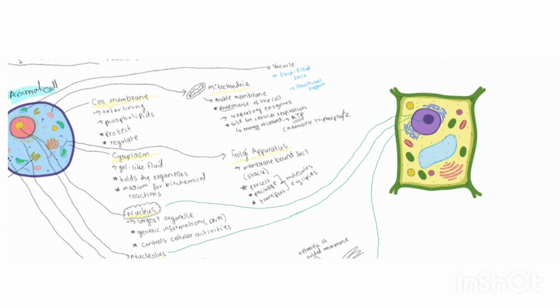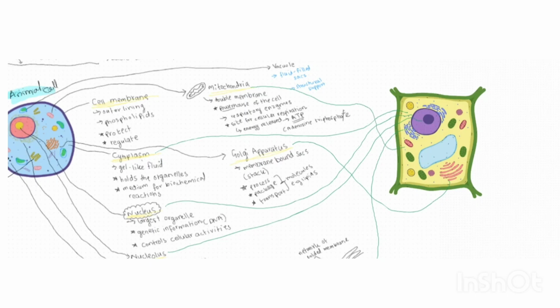Then we have the Golgi apparatus, again these membrane-bound sacs. There is the cytoplasm, again the gel-like fluid inside the cell membrane. And since I mentioned the mitochondria, the slipper-looking one, I'm sure you can see it in there.